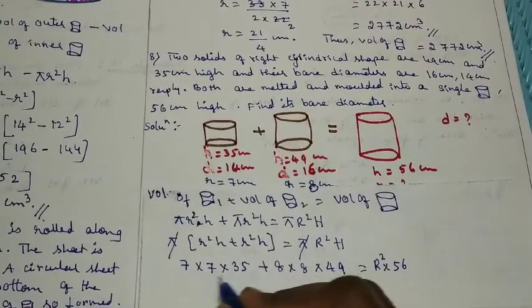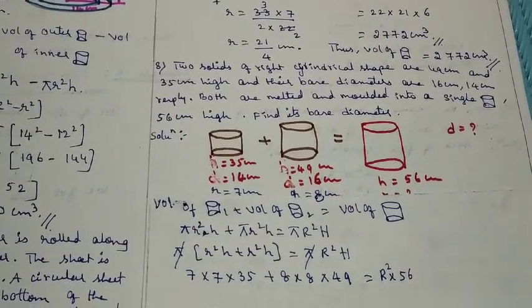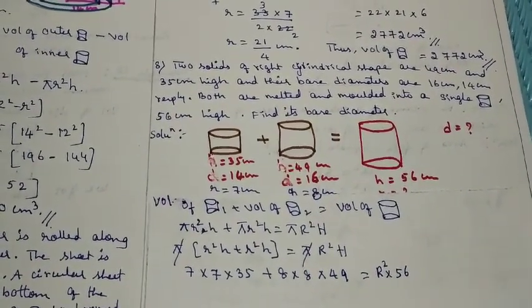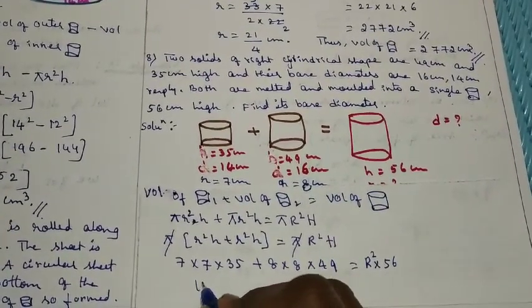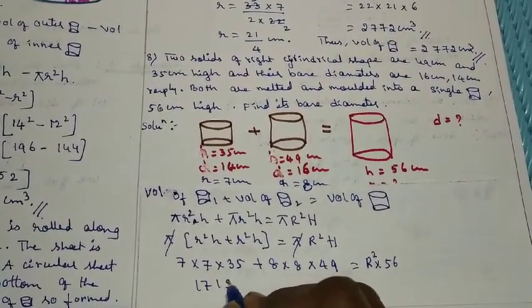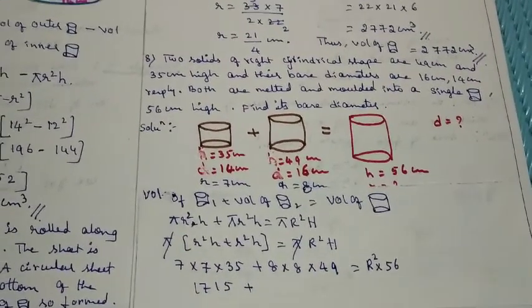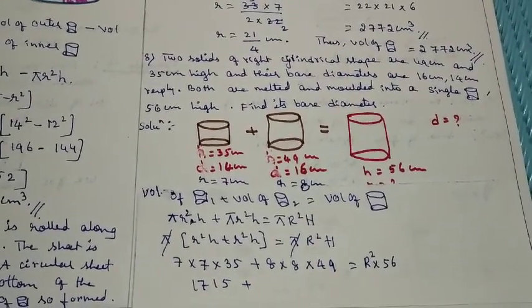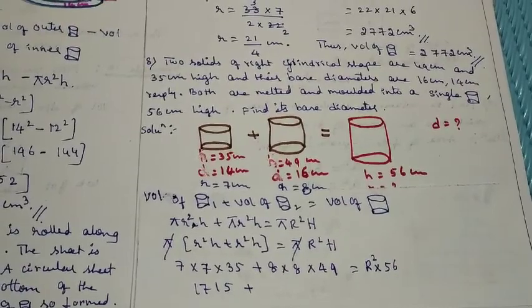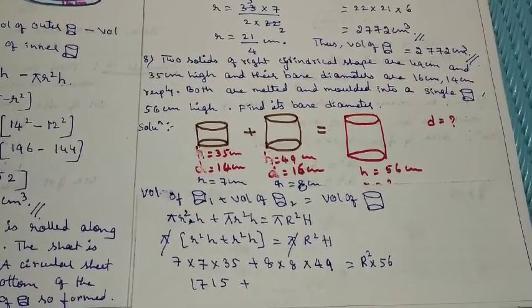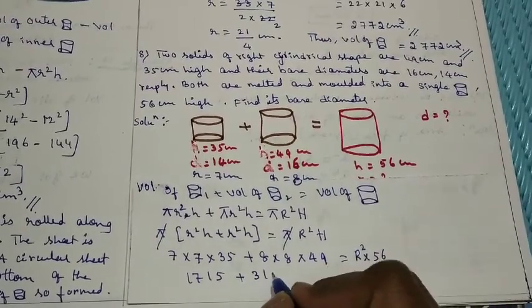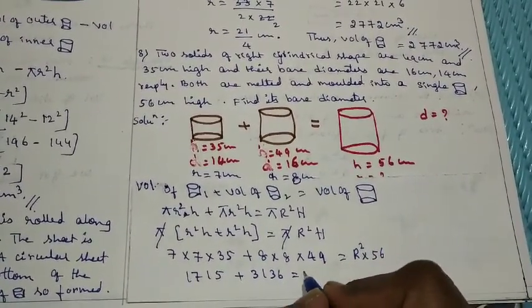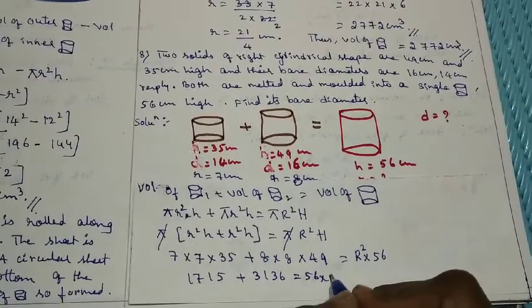So multiply these, 7 7s are 49, 49 into 35 we will get 1715. And later we know that 8 square is 64, and with 64 we need to multiply 49, then we'll get 3136 equal to 56 into R square.